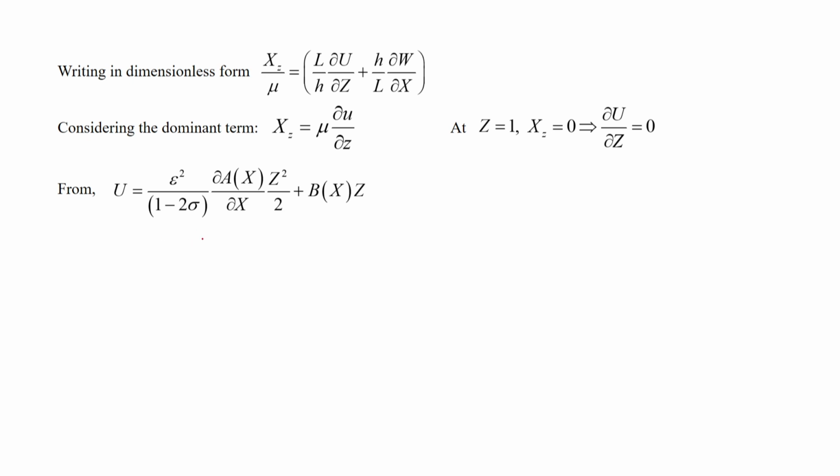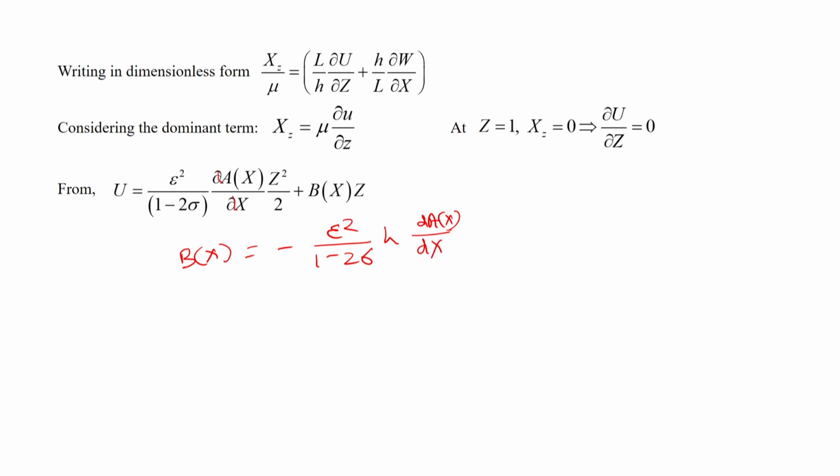So, here B of x is minus epsilon square by 1 minus 2 sigma, times h, times dA by dx.